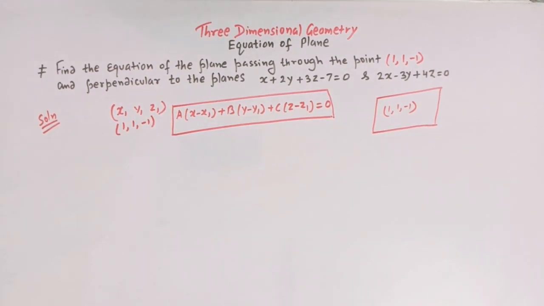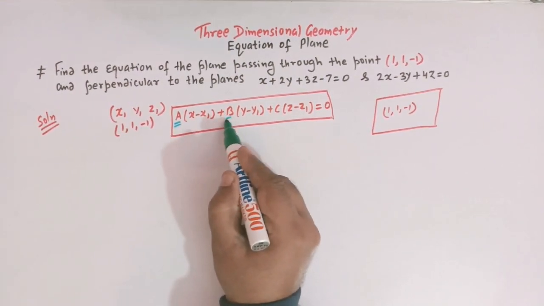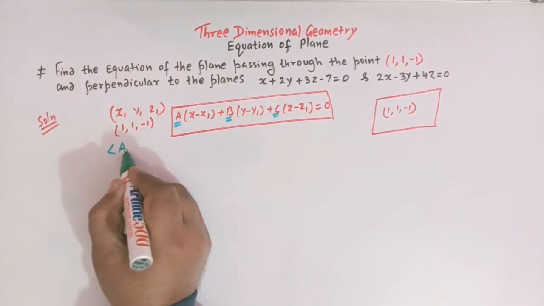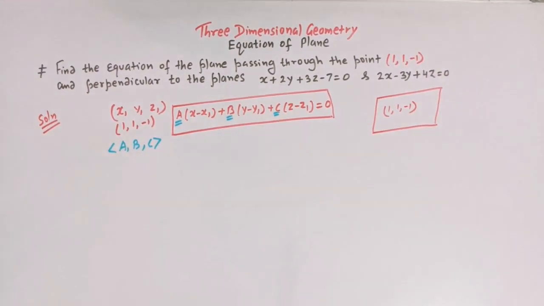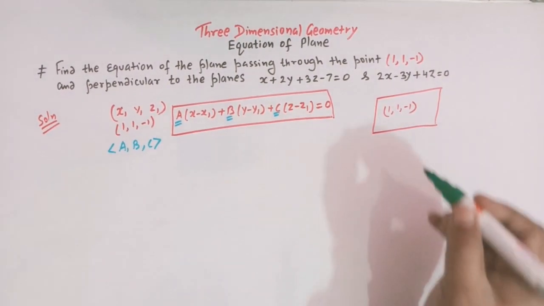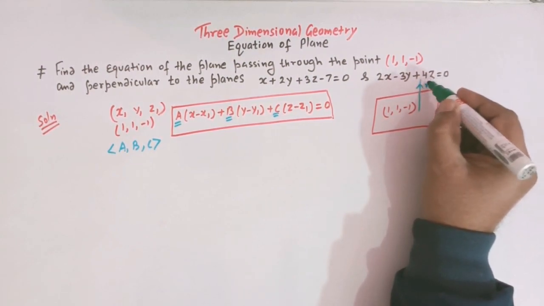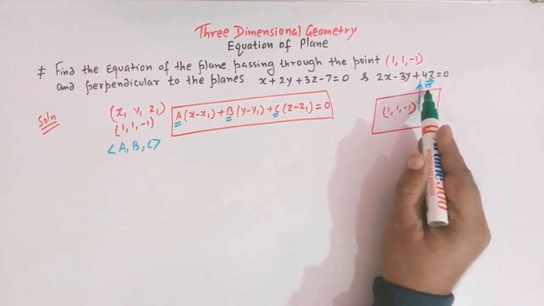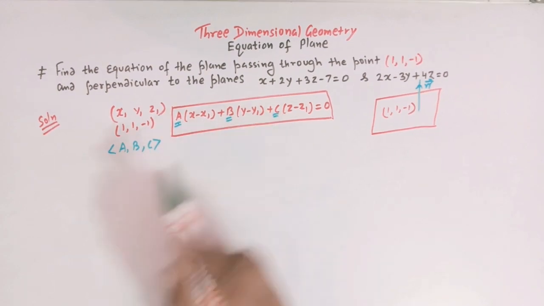And moreover, see here we have the coefficients a, b and c. So a, b, c are the direction ratios of the normal to this plane, right? So let us take this as the normal vector to this plane, and this normal vector has the direction ratios a, b and c, right?